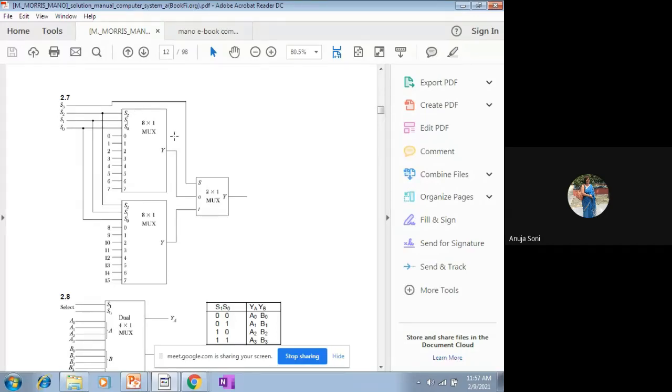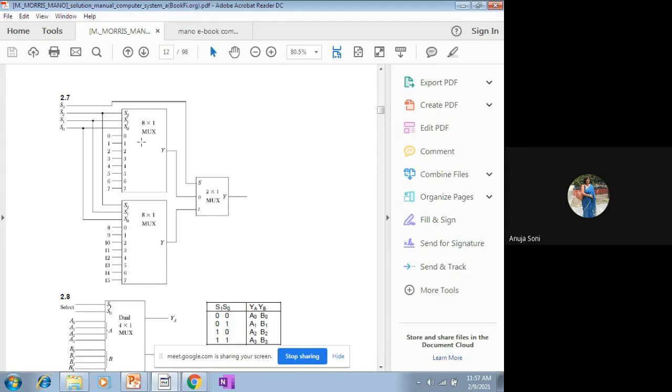First of all, at the intermediate level, you have to decide how many smaller multiplexers you need to make use of. As per the given statement, you have to make use of two smaller multiplexers of the size 8 into 1, as well as one smaller multiplexer of the size 2 into 1, right?